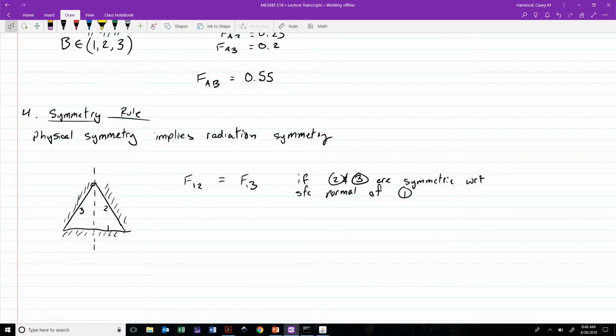So, another little comprehension check. Do we have enough information at this point between our collective rules that we would be able to say exactly what F12 and F13 are?